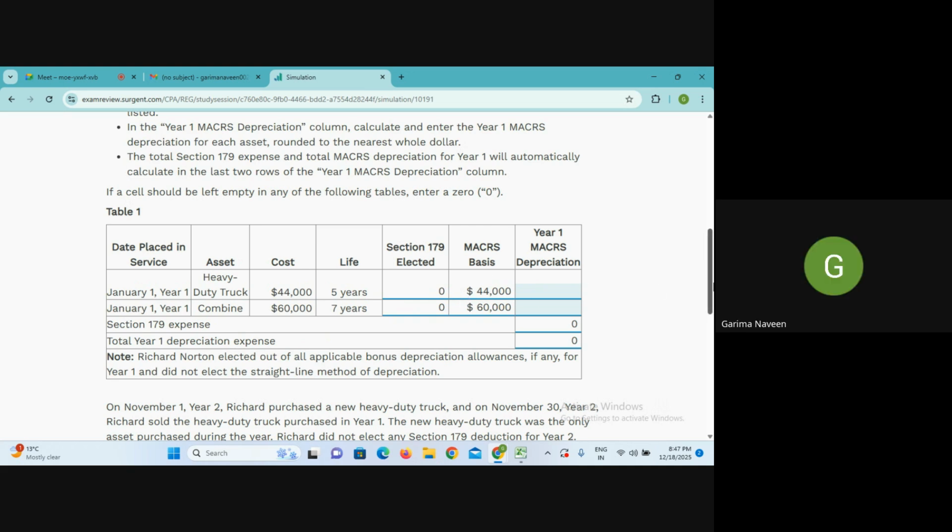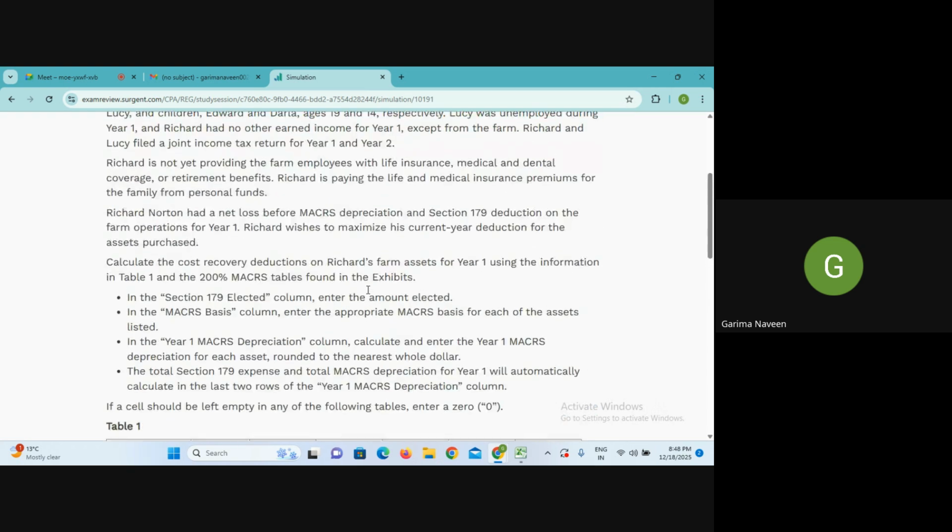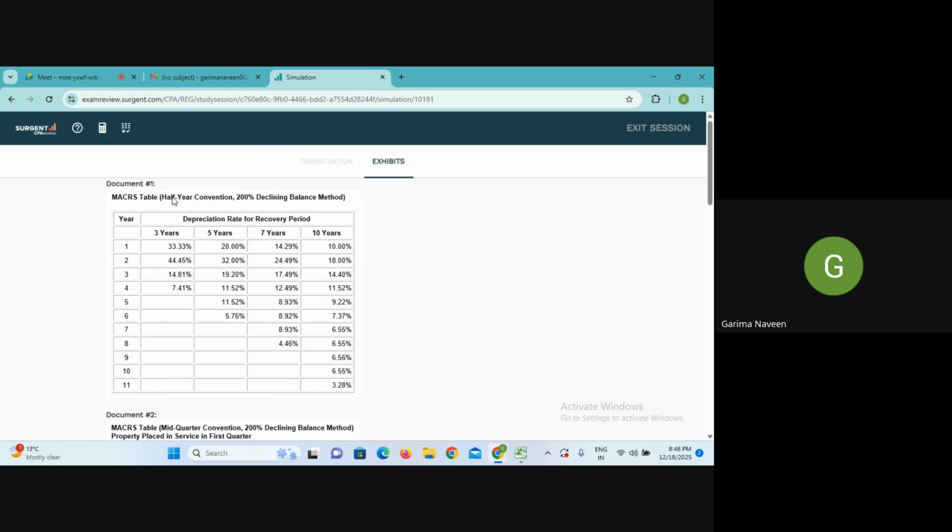तो अगर आपको ये पता है कि मेरा हाफ ईयर कन्वेंशन या मिड क्वार्टर कन्वेंशन यूज होना है, तो उसके बाद सिंपली आपको एक कैलकुलेशन करनी है. 44,000 बेसिस है आपके पास, 5 ईयर की प्रॉपर्टी है, आप हाफ ईयर कन्वेंशन यूज करने वाले हो. सो हाफ ईयर की टेबल देखनी है आपको. 200% रेट दे रखा है. 5 ईयर प्रॉपर्टी के लिए अगर आपको फर्स्ट ईयर का कैलकुलेट करना है तो परसेंटेज रहेगी 20%. मतलब आप अपने बेसिस का 20% कर दो, आपको डेप्रीसिएशन मिल जाएगा. सेकेंड ईयर के लिए 32% कर दो. थर्ड ईयर के लिए 19.20.